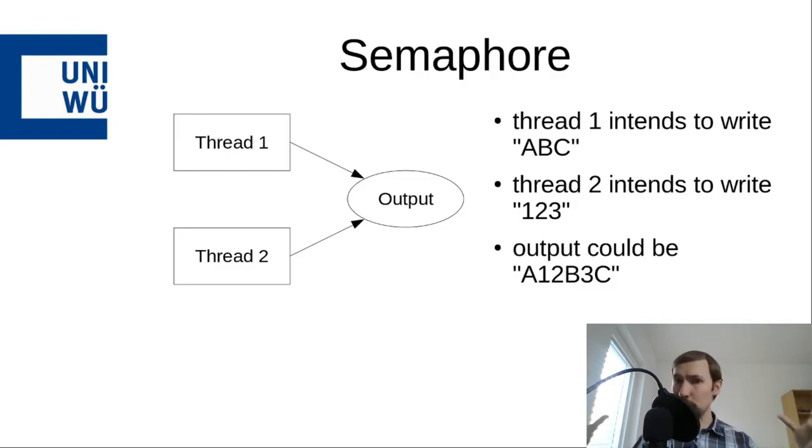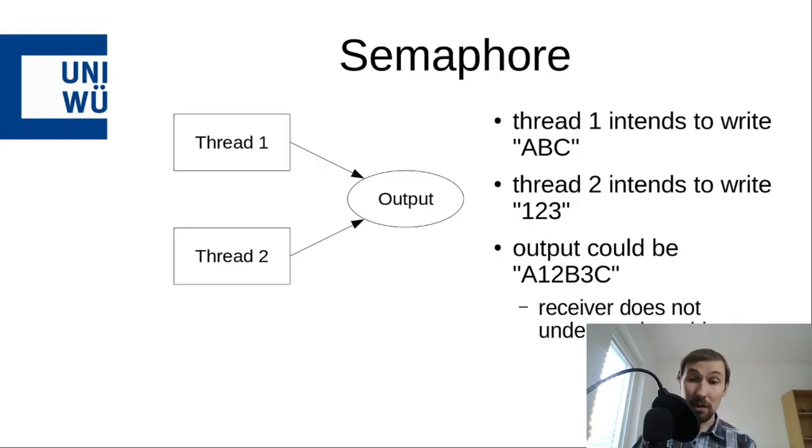Consequently, the output can be scrambled. For example, the first thread writes an A, the second thread writes 1 and 2, the first thread again writes a B, the second a 3, and the first again a C. And if you are the receiver on the other side of the device, you just receive A, 1, 2, B, 3, C. The receiver doesn't understand anything.